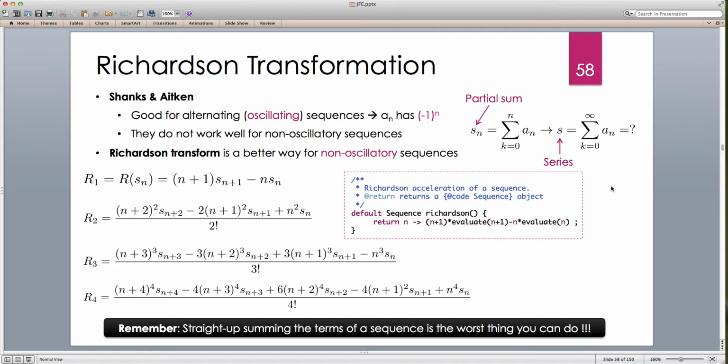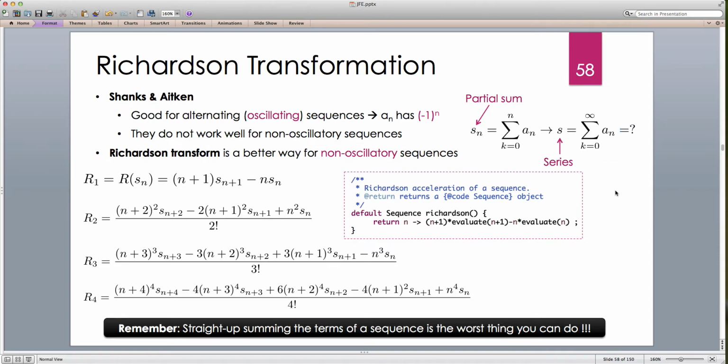But the problem is that if we just sum up the terms of the sequence, we typically don't get a good amount of information out of it. We have to sum a lot of terms. But because the information is already in the sequence, these transforms, Shanks, Aitken, and Richardson, try to basically tickle the sequence so that you extract the information from the sequence faster and faster.